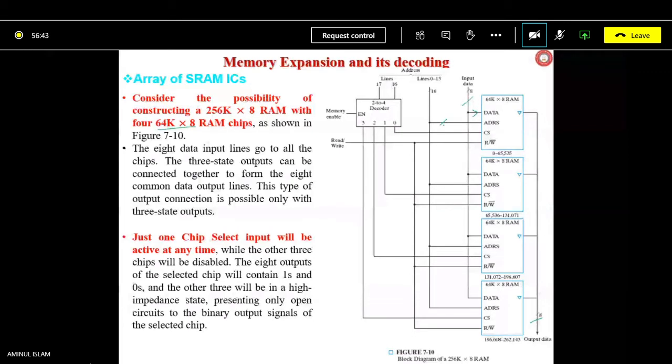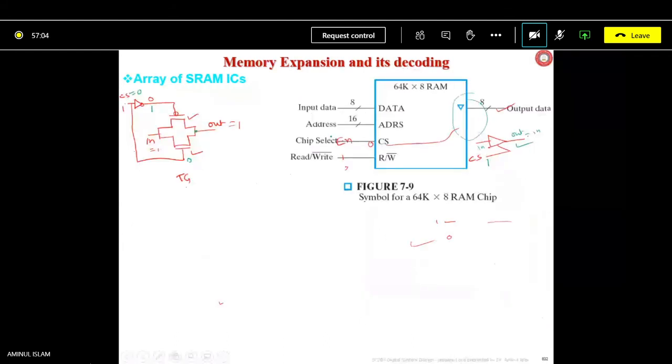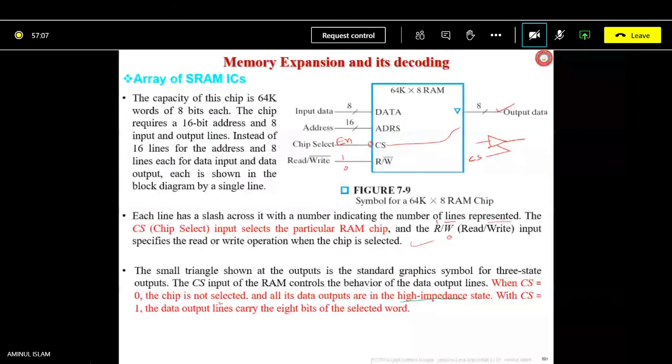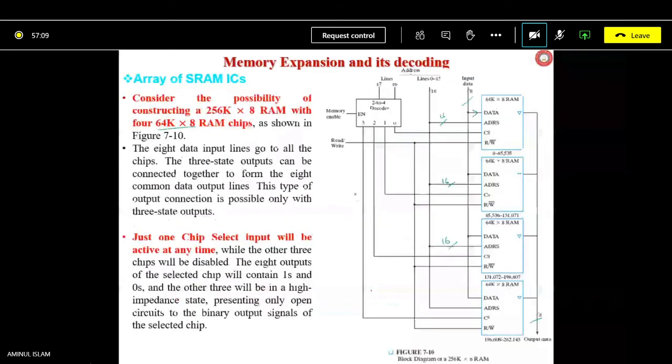Anyway, 16 address lines are coming here. Everywhere, I mean to say, there are 16 lines. But with 16 lines you can address only 2 to the power 16, which is 65,536.